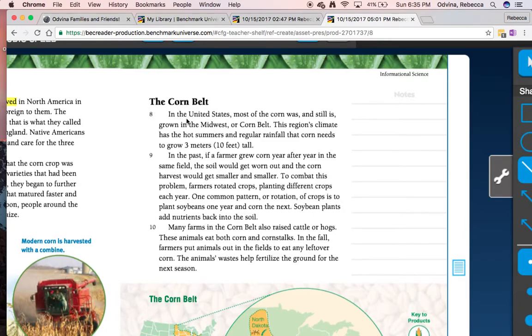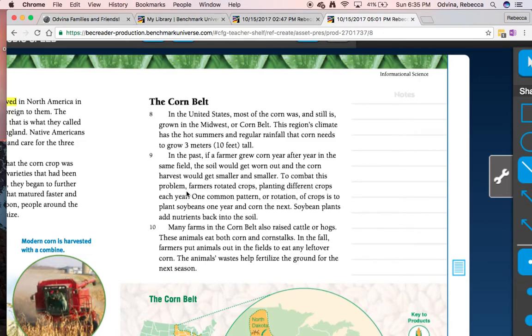The Corn Belt. In the United States, most of the corn was, and still is, grown in the Midwest or Corn Belt. This region's climate has the hot summers and regular rainfall that corn needs to grow 3 meters or 10 feet tall. In the past, if a farmer grew corn year after year in the same field, the soil would get worn out and the corn harvest would get smaller and smaller.